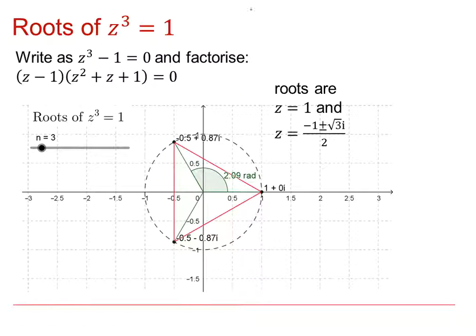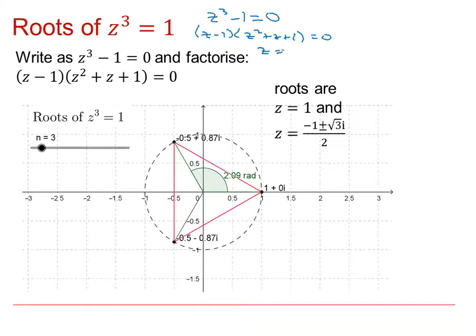If we now look at z cubed equals 1, so that's z cubed minus 1 equals 0. You can see if z is 1, then 1 is a solution to this equation. So that means that this can be written as z minus 1 times a quadratic factor. You could find this quadratic factor by long division or inspection. You could also find it using a box method, but we'll find that this quadratic factor is z squared plus z plus 1.